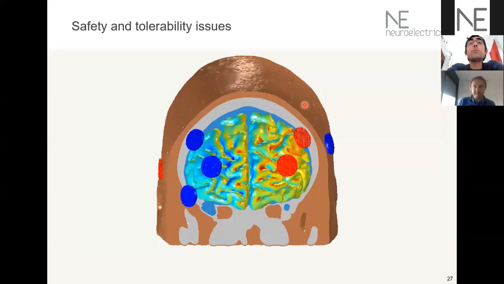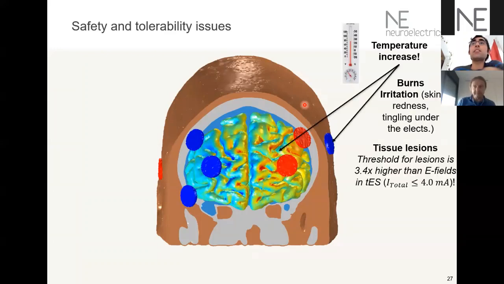Another important parameter for the application of tES is, of course, related to safety and tolerability issues. And luckily for us, there's not much to report here. So tES is usually considered a safe technique.